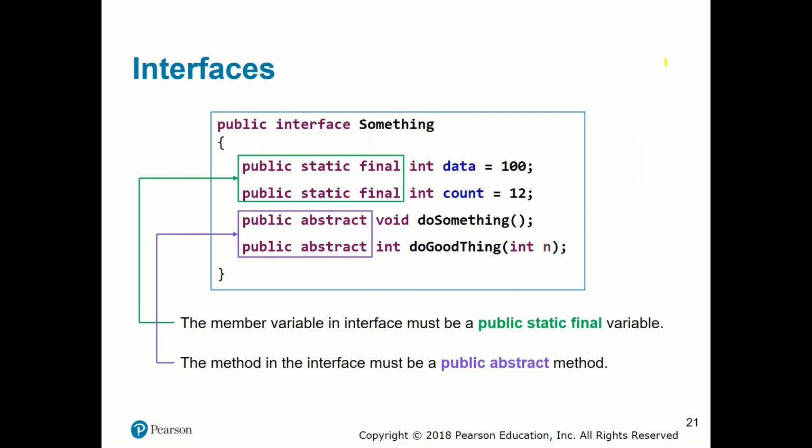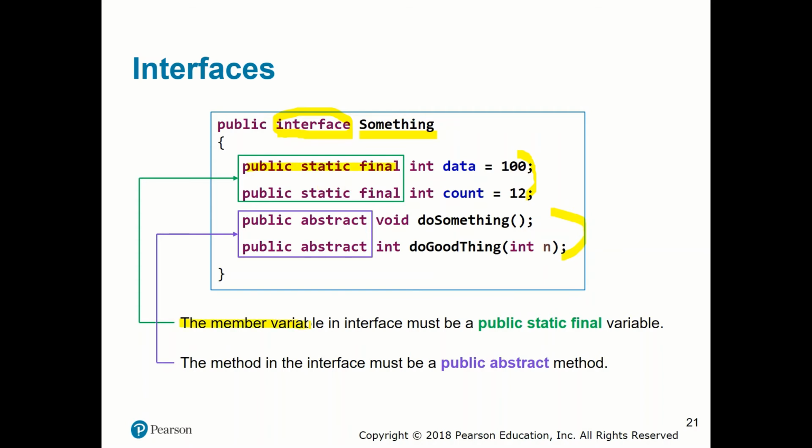This is an interface example. An interface should have the interface keyword like this. So public interface, and this is the interface name. This interface has 4 members. 2 are data members and 2 are methods. Data members in an interface must be declared public static final.